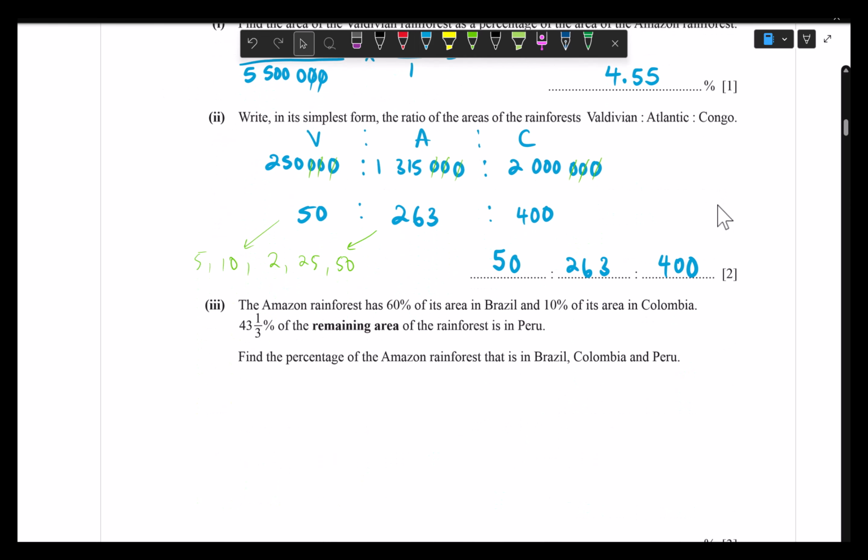Part 3 says the Amazon rainforest is 60% of its area in Brazil and 10% of its area in Colombia. 43% of the remaining area of the rainforest is in Peru. Find the percentage of the Amazon rainforest that is in Brazil, Colombia, and Peru.